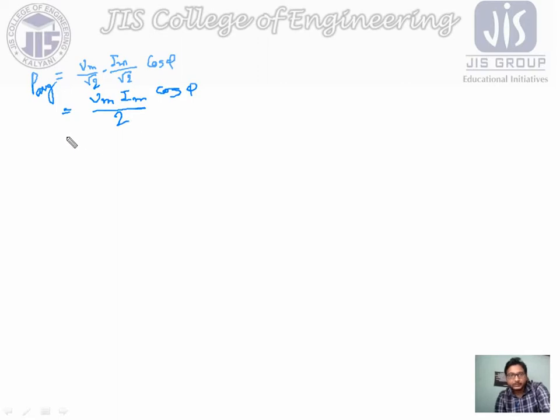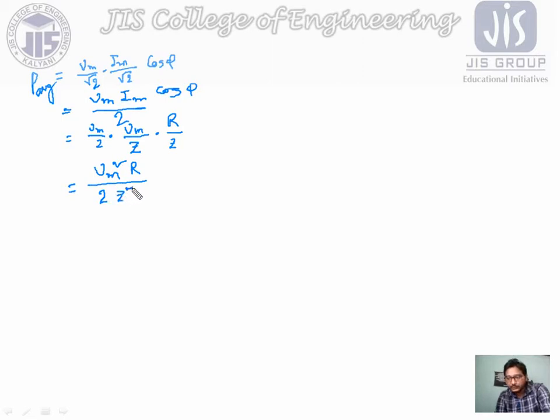The same thing we can write as Vm by 2 into I, where in the normal condition I is V by Z, so Vm divided by Z, and cos phi is equal to R by Z. So we can write P average is equal to Vm square into R divided by twice of Z square.